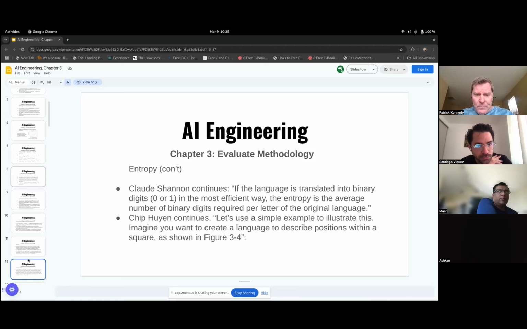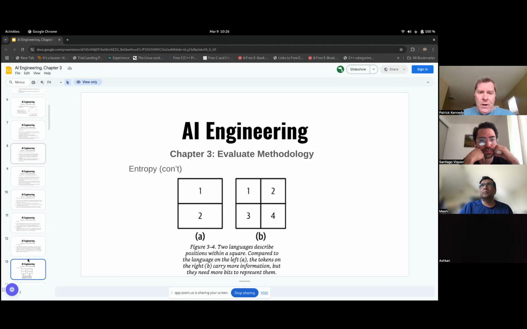So Chip Huyen continues, let's use a simple example to illustrate this. Imagine you want to create a language to describe positions within a square, as shown in figure 3-4. And so here is the figure that's cited, figure 3-4.